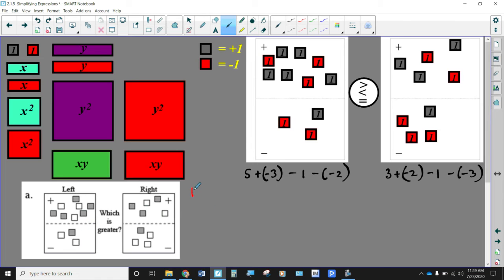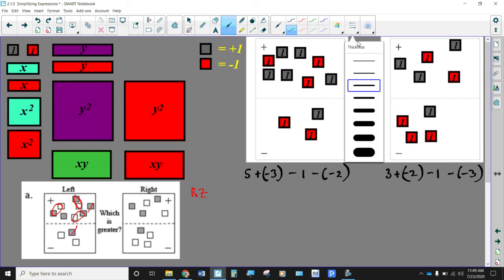I'm going to call this RZ, okay? And so if you remove the zeros here, there's a 0 pair, here's a 0 pair, here's a 0 pair, and technically this guy zeroes out with that guy, leaving you with just minus a negative 2.